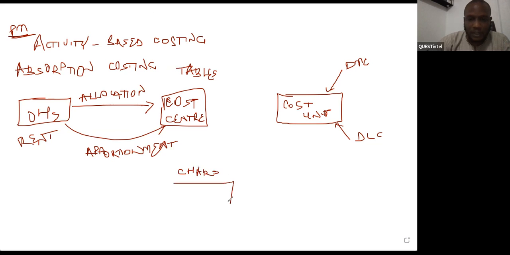So let's assume an organization is producing tables and chairs. They will have overheads for the table department, while they will have overheads that will be collected in the chair cost center. So you have a cost center here too.